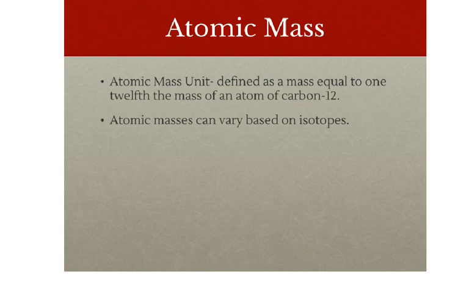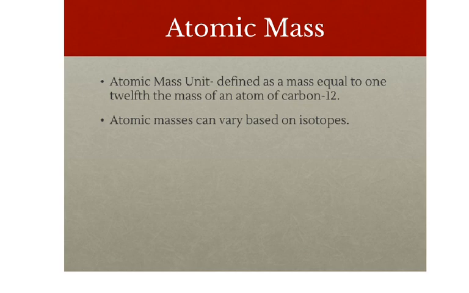When you're comparing different atoms, you should know that some atoms are considered heavier than others, but scientists have decided to use carbon-12 as the reference standard by which all other masses are compared.